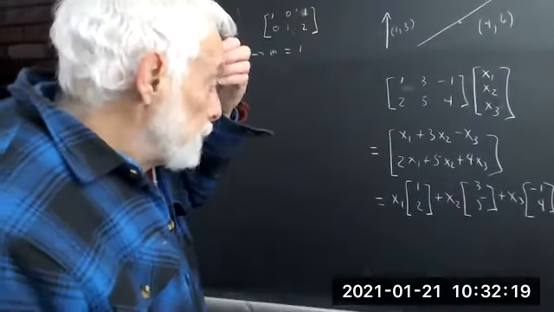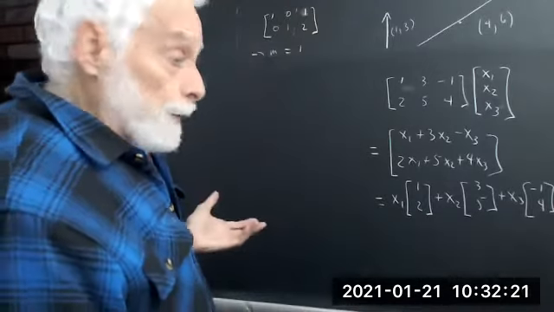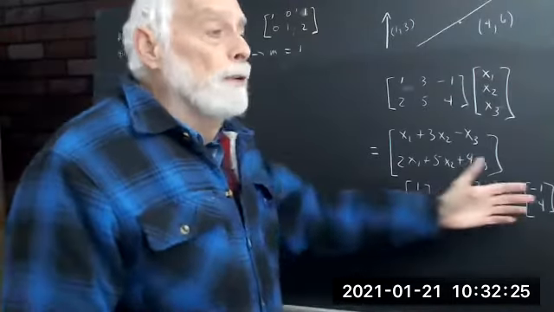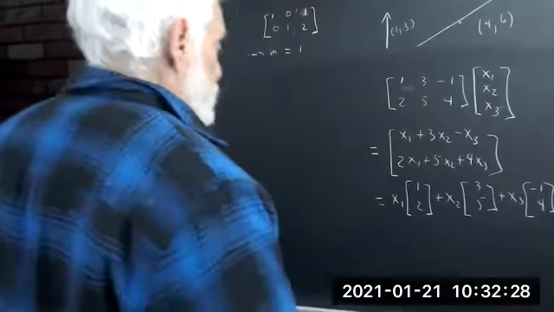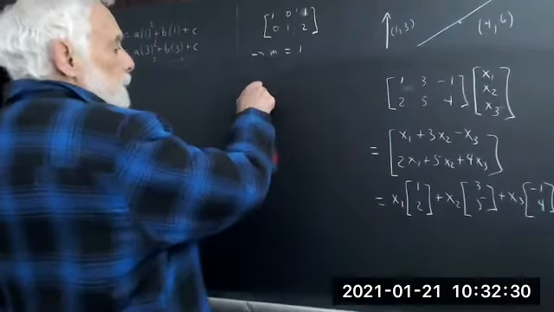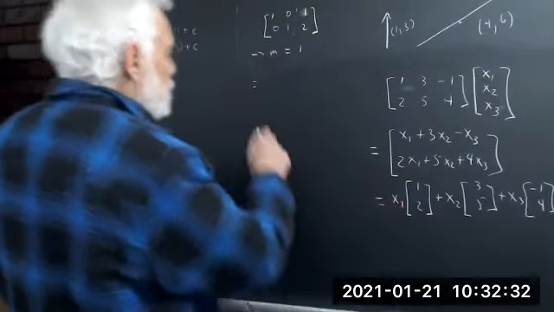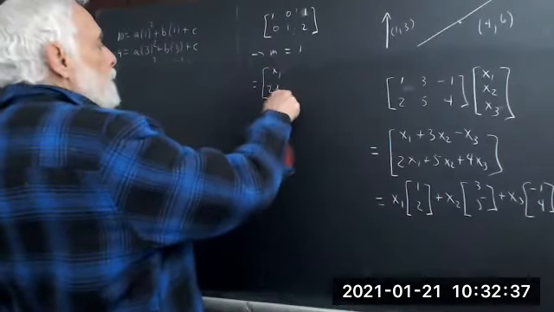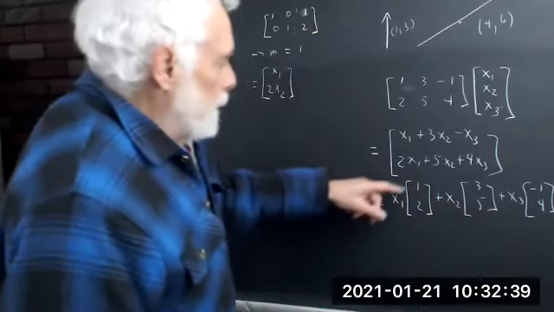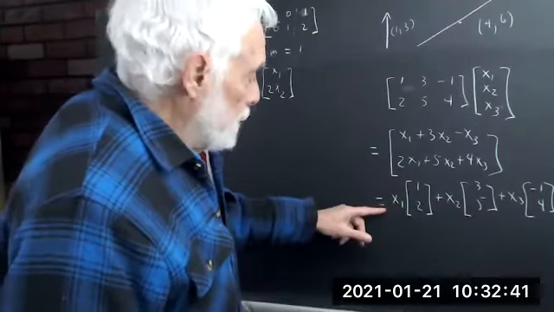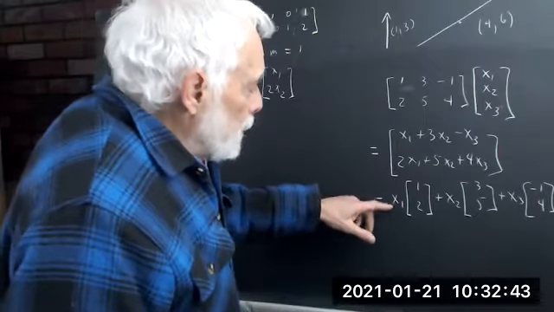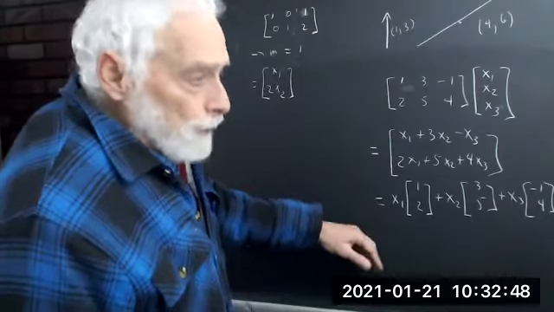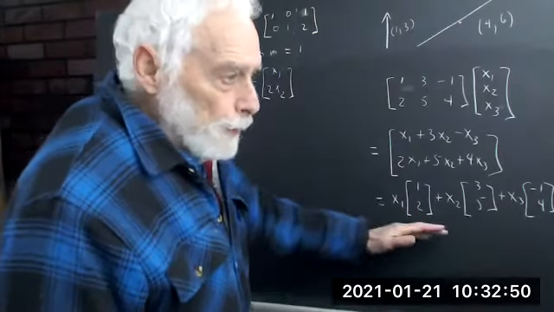Okay. Now, does that make sense? Well, let's make sure we understand that it makes sense. So this is equal to x1 times 1, 2, which is x1, 2x1. Because when we multiply a number by a matrix, this is a matrix, okay? It's a matrix with just a single column, but it's got 2 rows.